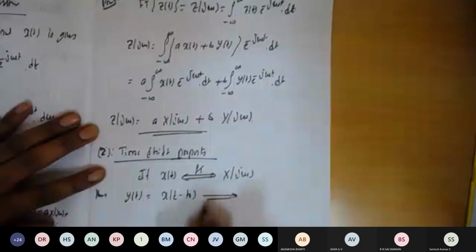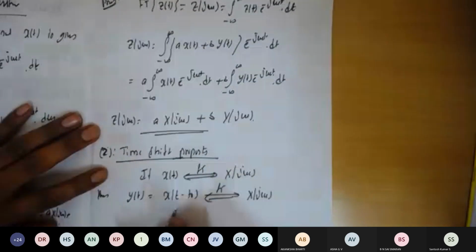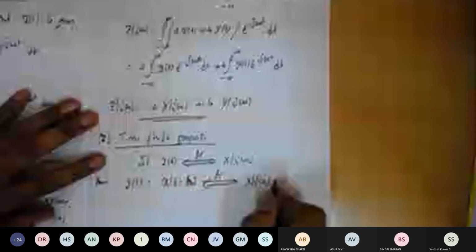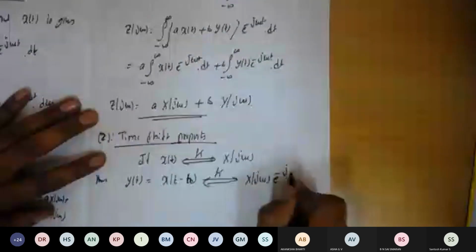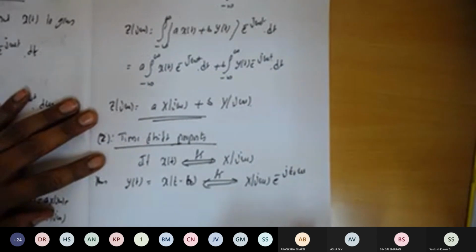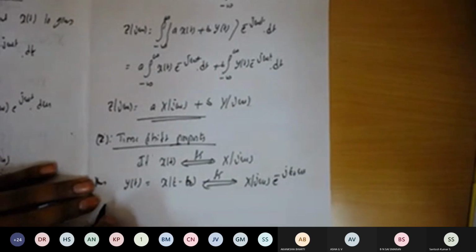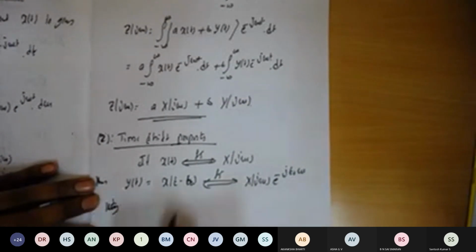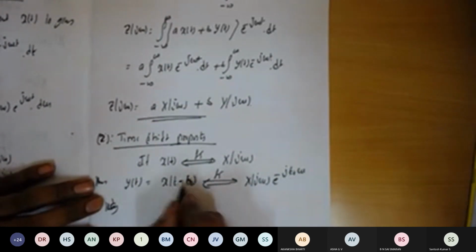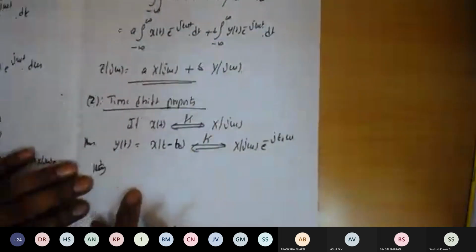If you take the Fourier transform of this one, it becomes x of j omega, the Fourier transform of x of t, and the corresponding minus t naught will become e to the power of minus j t naught into omega. So this is the Fourier transform. Similarly, if it is plus, you will also get plus. At the end I will write that one after proving this property.